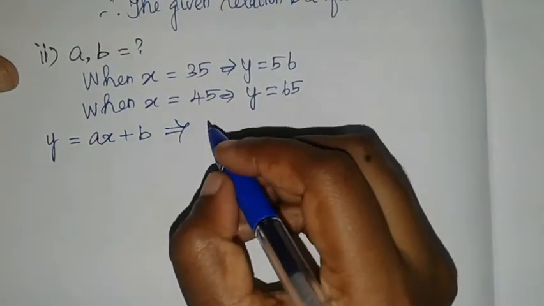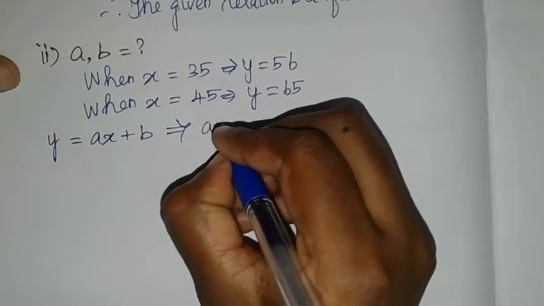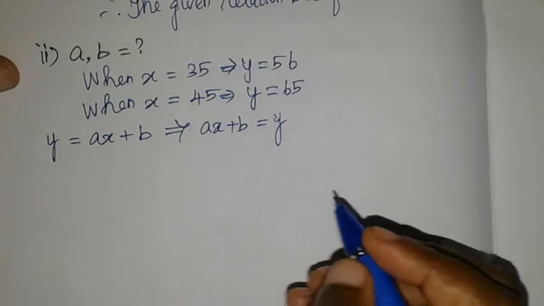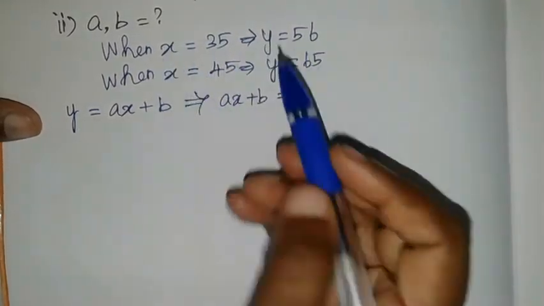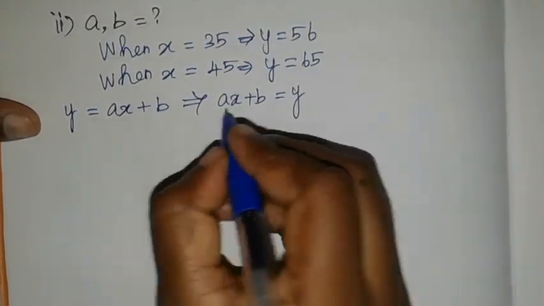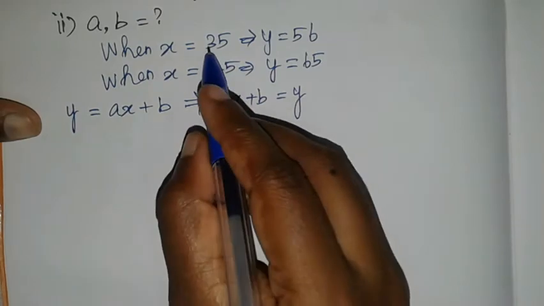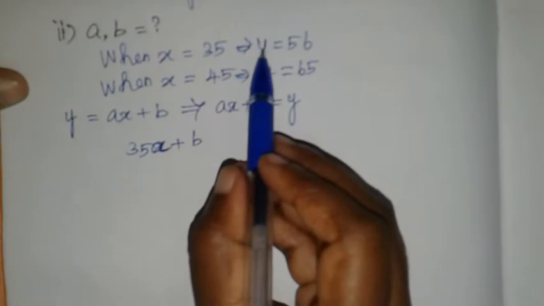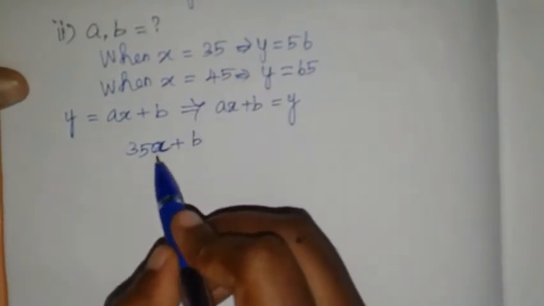Before using it, since only a and b values are required, I am going to rewrite it: ax plus b is equal to y. For these x and y values, how will this become? a into x, first substituting 35. Here x and y values are known, a is the only unknown.